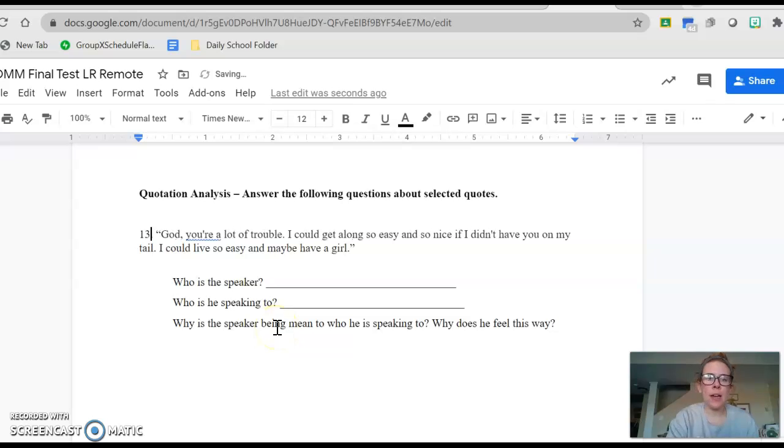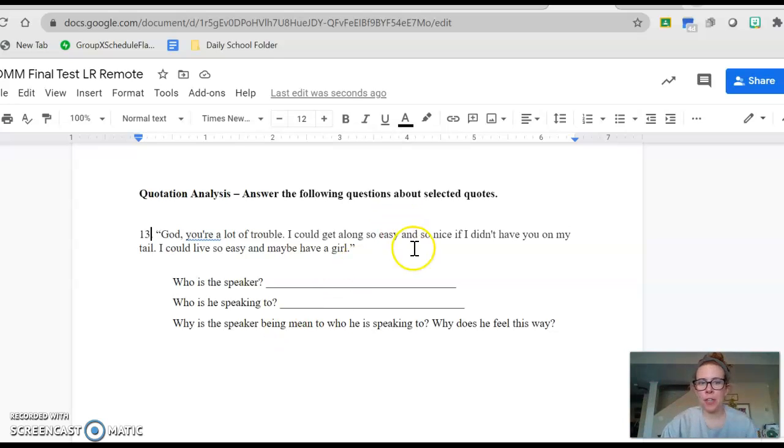So this section, there are 3 questions, and it's called the quotation analysis. So what you need to do for each one, there's quotes, and you need to tell me who is the speaker, so who said the quote, who is the person speaking to, and then I'll usually have another question underneath.